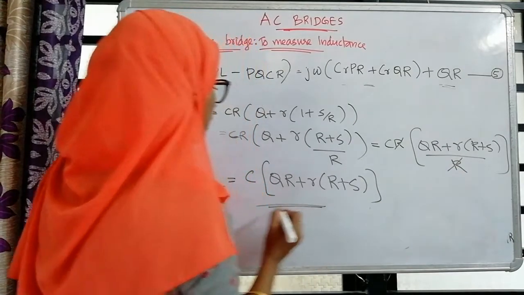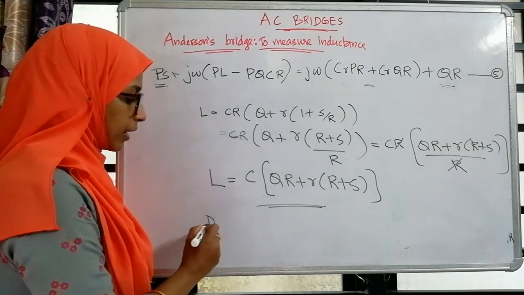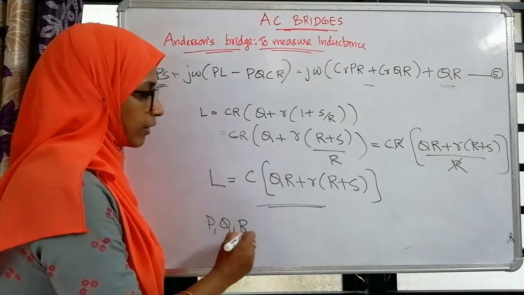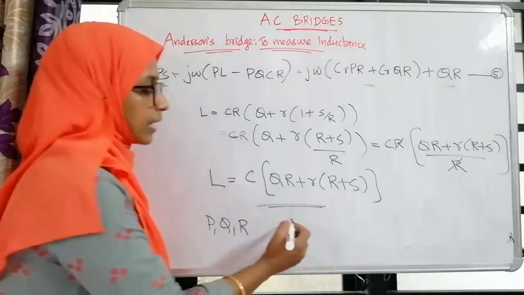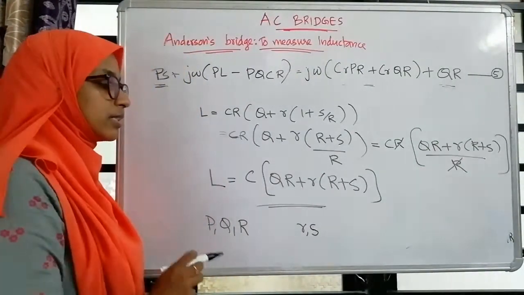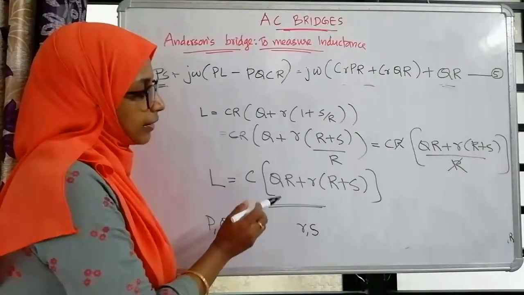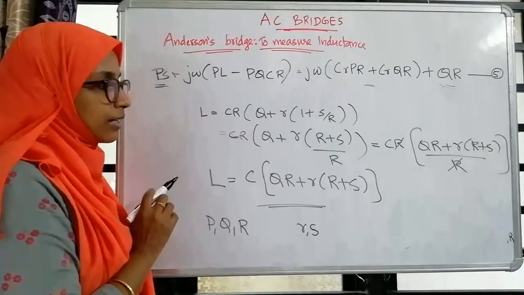In the given AC bridge, that is in the Anderson bridge, we know P, Q, R are the given resistances, and small r and capital S are the varying resistances to get the balanced condition in the detector, and P, Q are the fixed resistances.